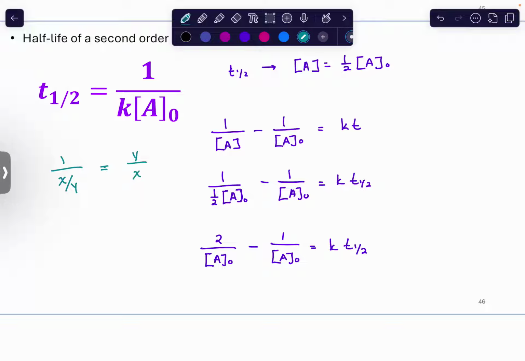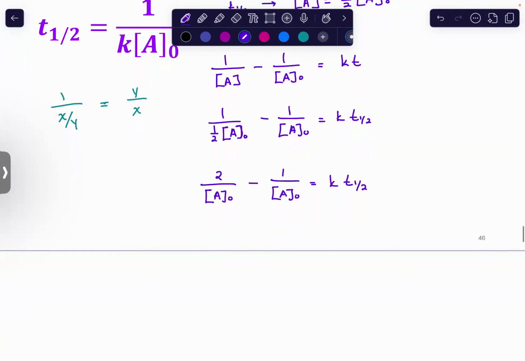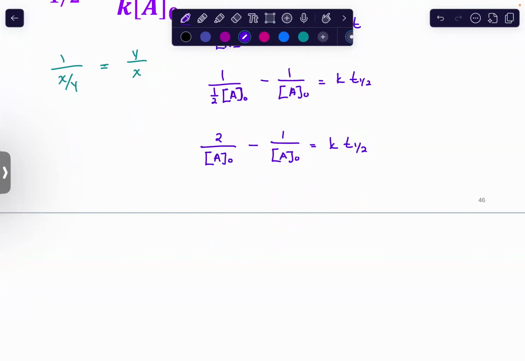That's how the fractions work. All right, so 2 minus 1, they both have the same denominator, so I can subtract those. And so then our half-life is one over k times the initial concentration of whatever your reactant A is.